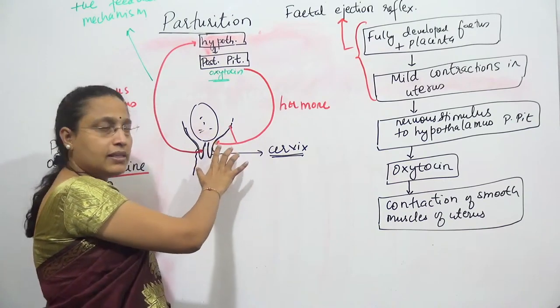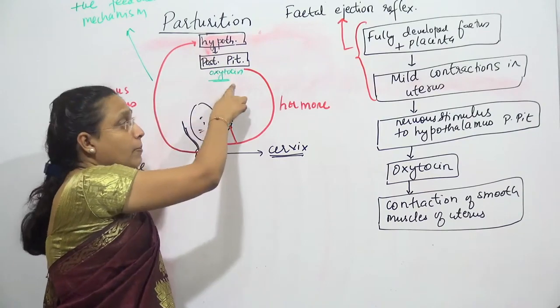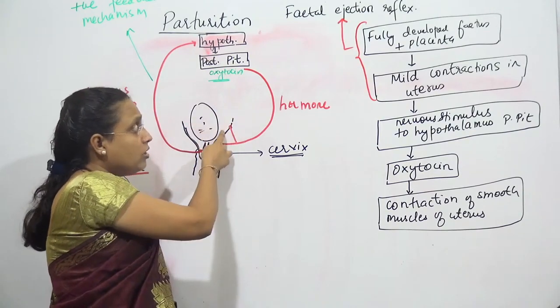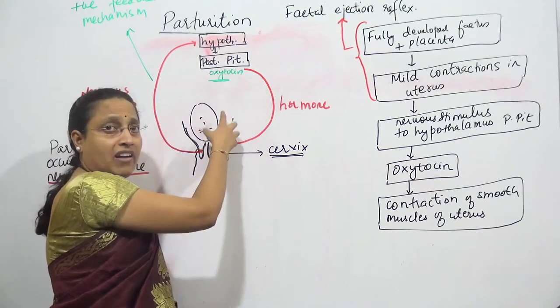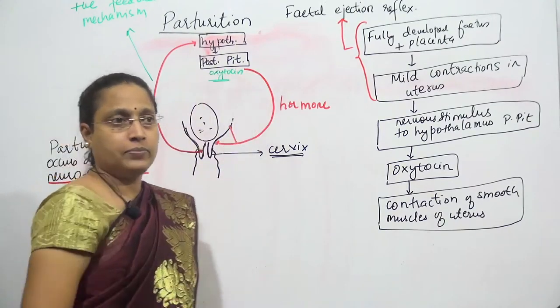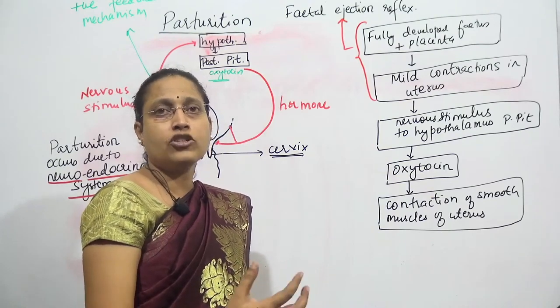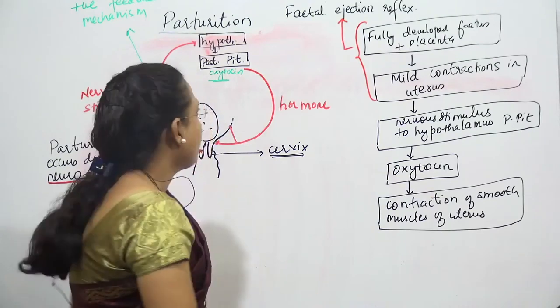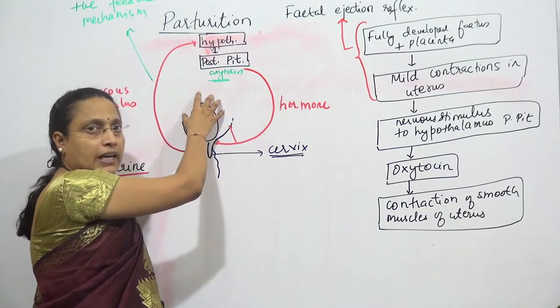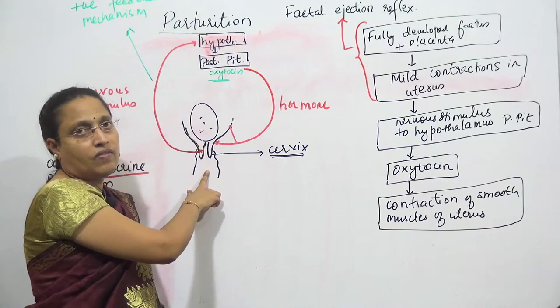The more the contraction, the stronger the stimulus, the more the oxytocin. Again, the more oxytocin, the more the contraction, the more the stimulus. This keeps on continuing. As this keeps on continuing, stronger and stronger contraction makes this fully developed fetus, the baby, descend into the cervix and vagina.